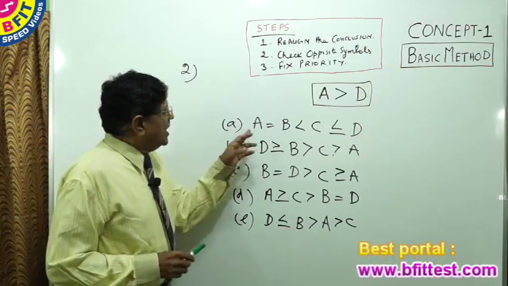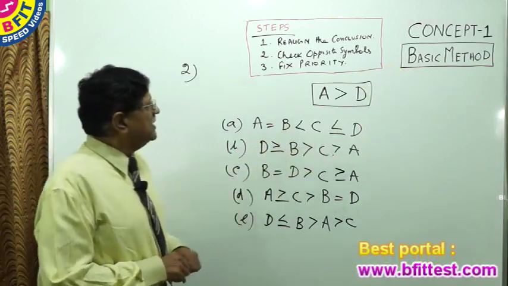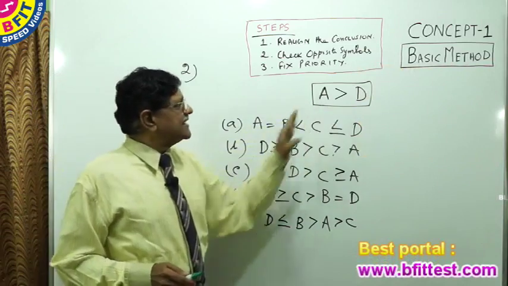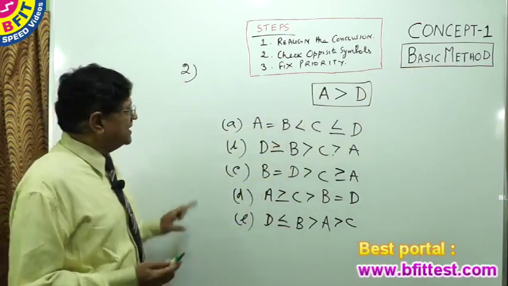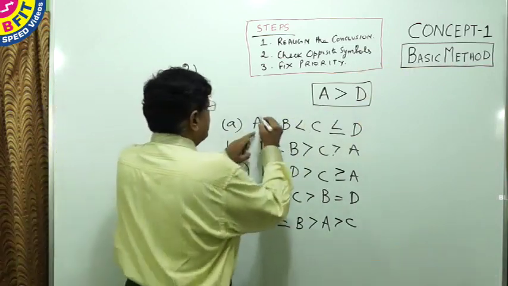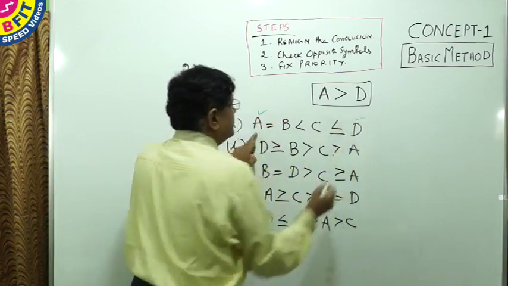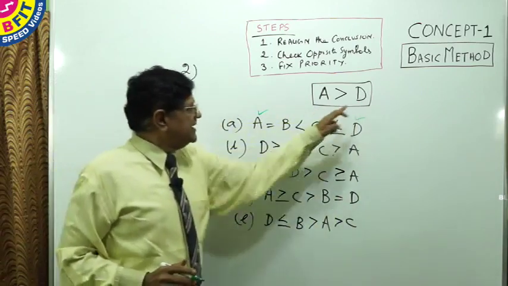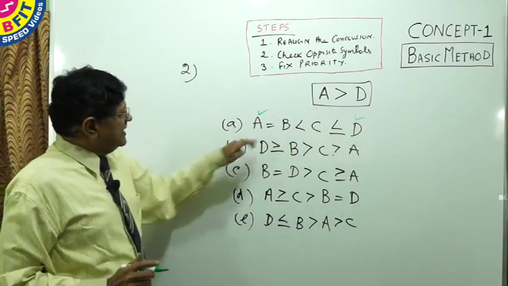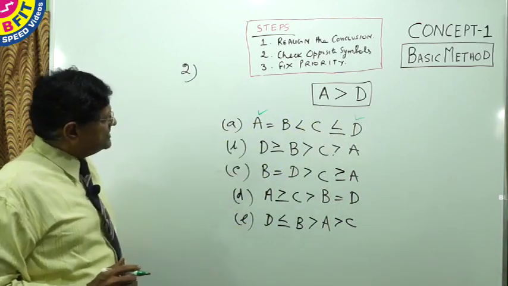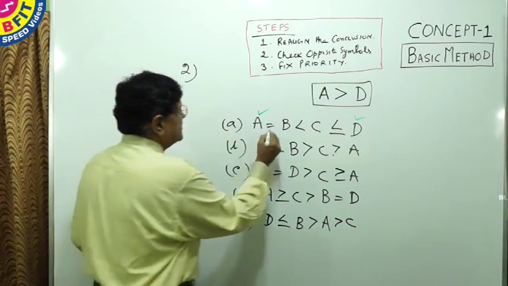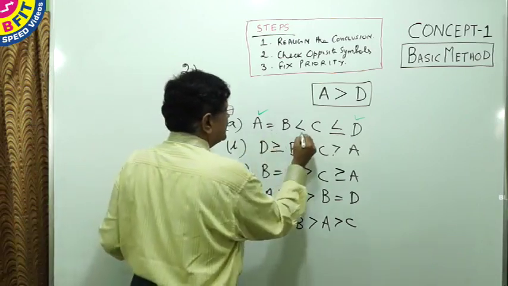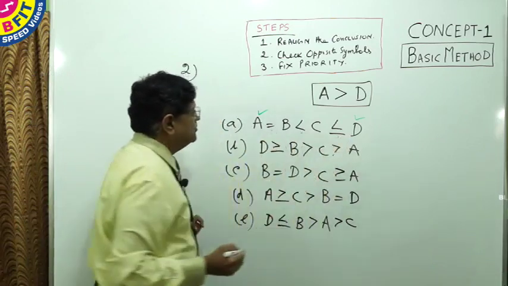Now in this statement we have to verify whether A is greater than D is true or not. The elements are A and D. Here also A and D. Now if you see the symbols between A and D, first is equal to, then less than or equal to.